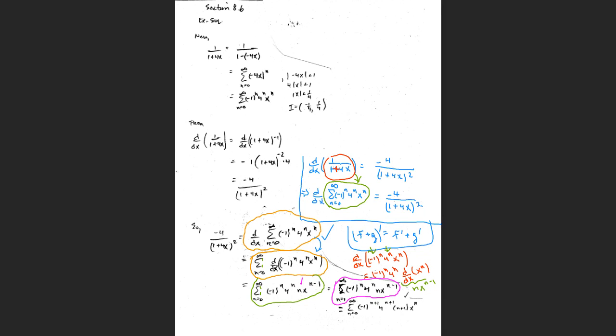And that's because if you write out the terms of this series, the first term is -1 to the 0th power times 4 to the 0th power times 0 times x to the 0 minus 1, right? Plus then the remainder, the rest of the series.